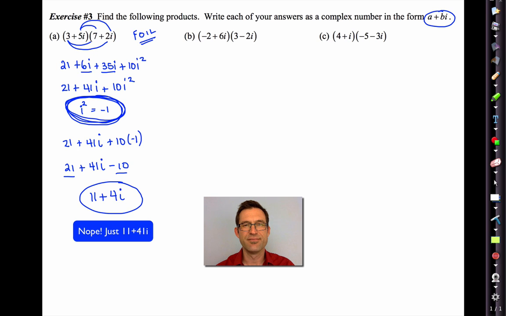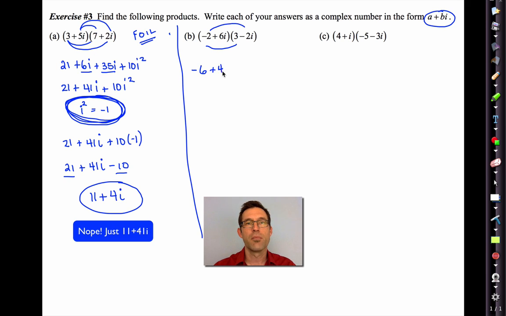Okay, let's go through them. So we're really going to take it just like we're multiplying two binomials, because we are. Negative 6 plus 4i plus 18i minus 12i squared.